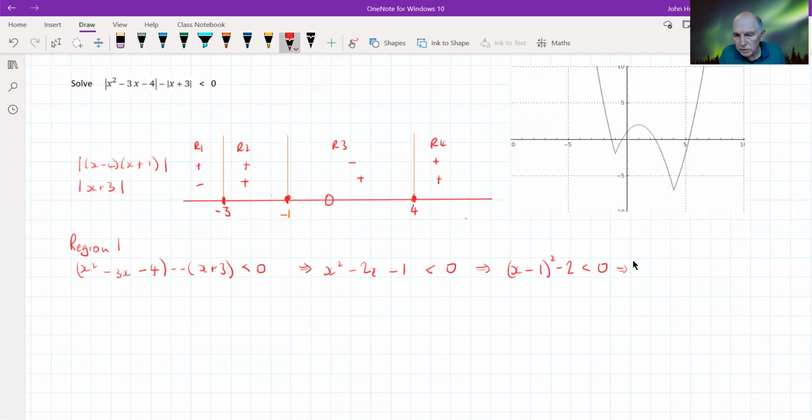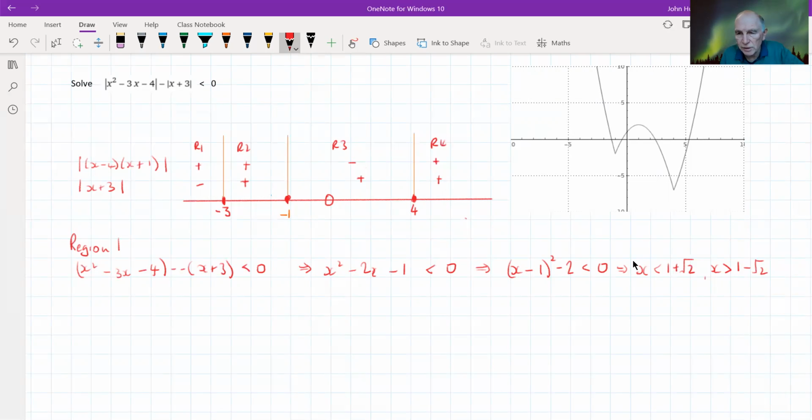One is on the positive square root, it's going to be x is less than 1 plus root 2. And for the negative square root, we're going to have x is greater than, the change of sign, 1 minus root 2. Now, the thing about these 2 solutions basically is that neither of them fall in this region.